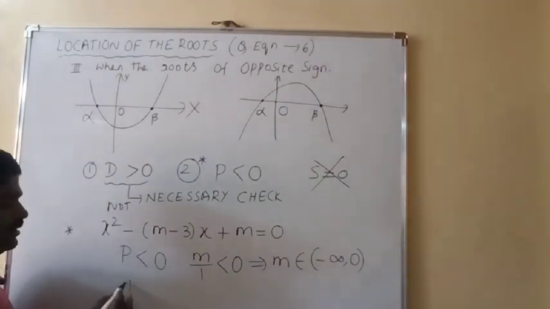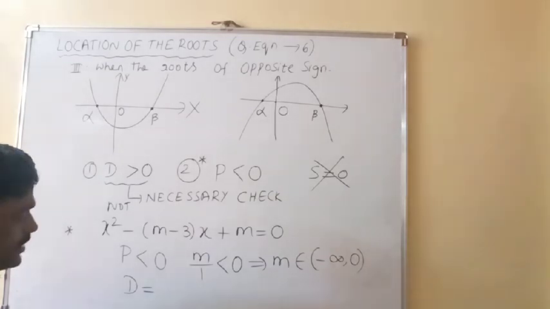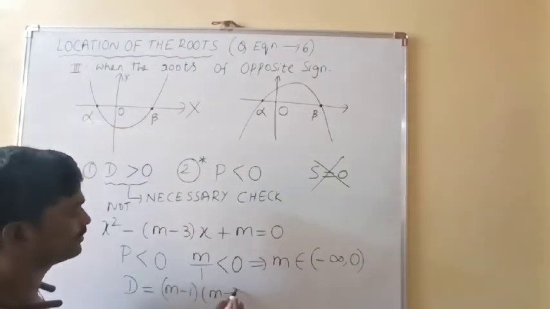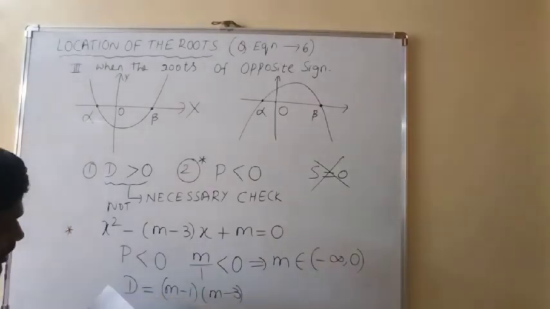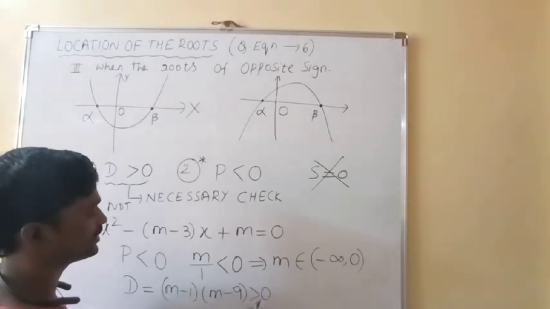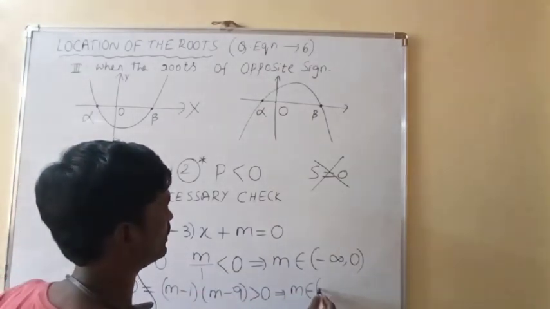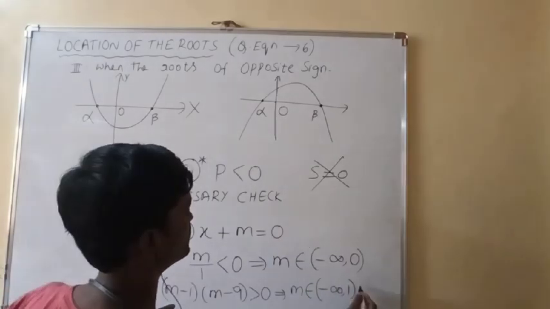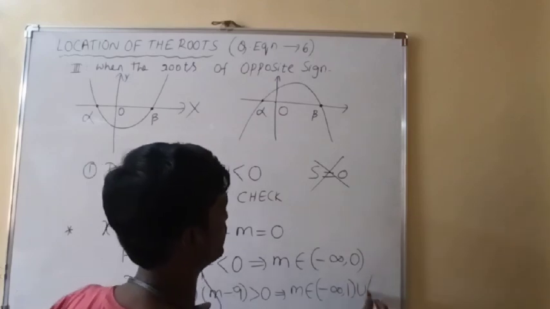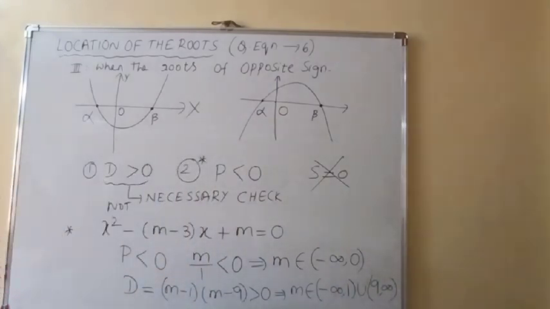If you find D, I am writing the discriminant directly, you will get (m minus 1) into (m minus 9). If you take it greater than 0, it is possible only when m is less than 1 or greater than 9.